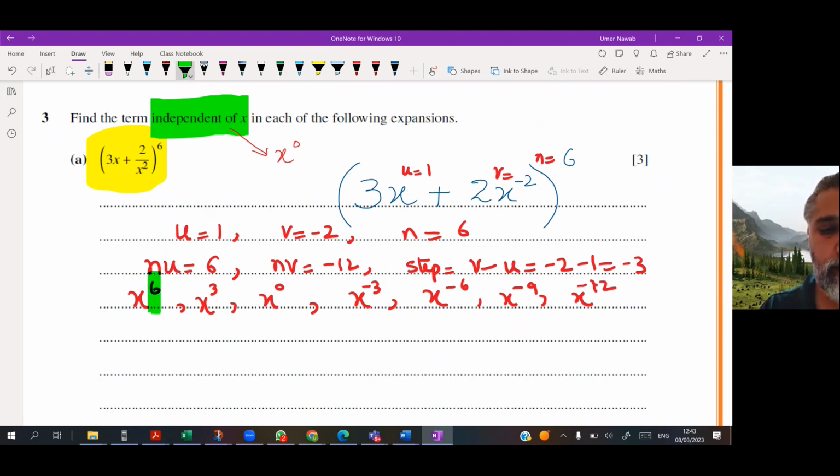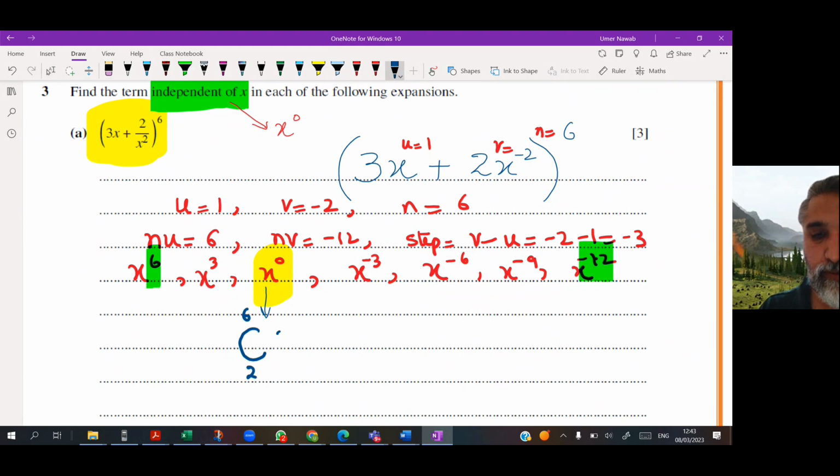Did you see, guys? Nu and v, and the step is always that the terms are decreased by 3. And I am looking for a term containing no x, independent of x, which is here, the third term. I'm going to write 6C2. Just write 3 because x has already been sorted out. After simplification, you will get x power 0. So just write 3, 6 minus 2, which is 4. And the second number is 2. That's your final answer.